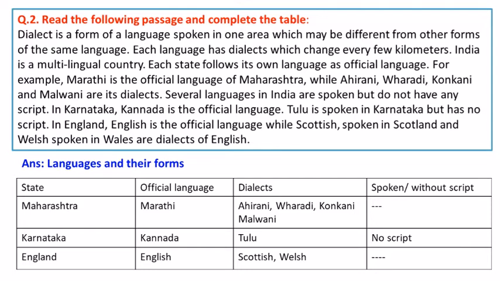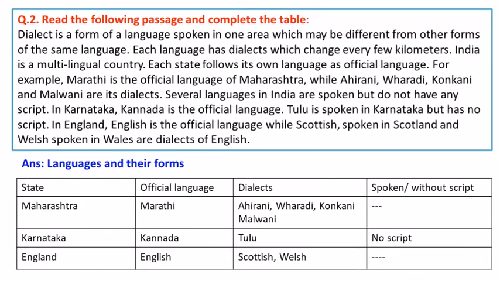Several languages in India are spoken but do not have any script. In Karnataka, Kannada is the official language. Tulu is spoken in Karnataka but has no script. In England, English is the official language while Scottish spoken in Scotland and Welsh spoken in Wales are dialects of English.